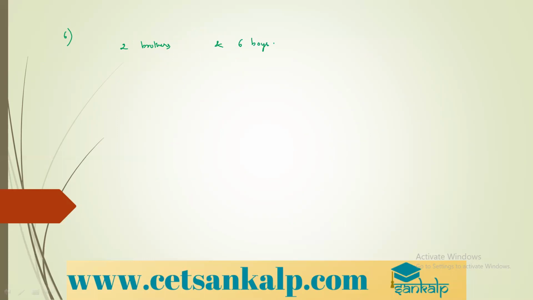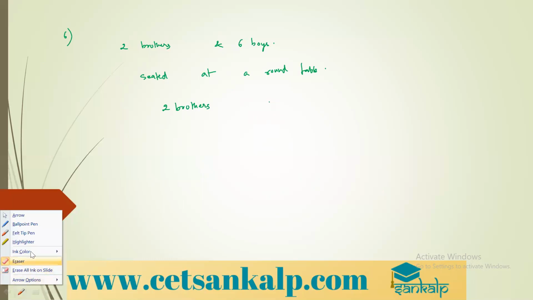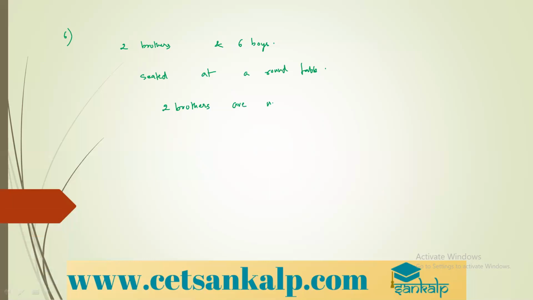So in how many ways can all be seated around a round table so that the 2 brothers are not seated beside each other?